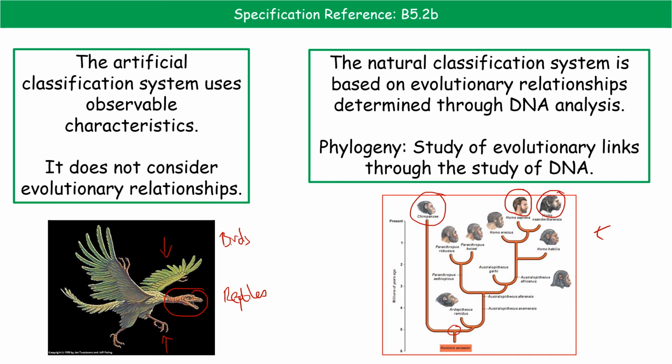Instead, chimpanzees that we know today and us as modern humans evolved from the same common ancestor many millions of years ago. So that's how we build this up. And when we're studying these evolutionary links, that is what we refer to as phylogeny.